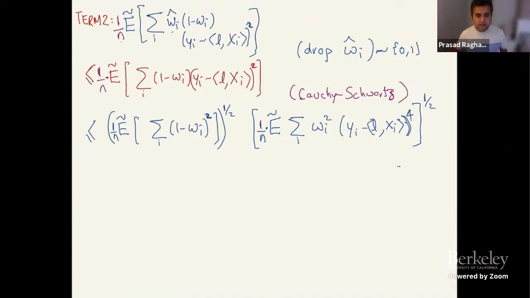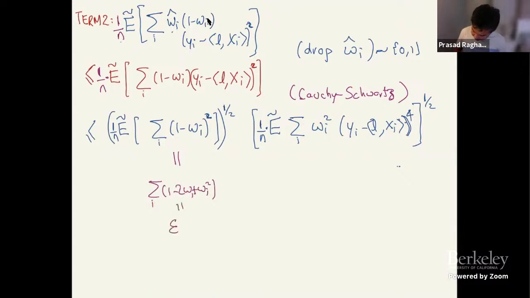Please stop me if there are any questions. Okay, there are no questions. So this is what we need to bound. I applied a Cauchy-Schwarz inequality. The first term, summation over i of (1 minus w_i) squared, well, you can expand it out. It's the sum over i of 1 minus 2w_i plus w_i squared.